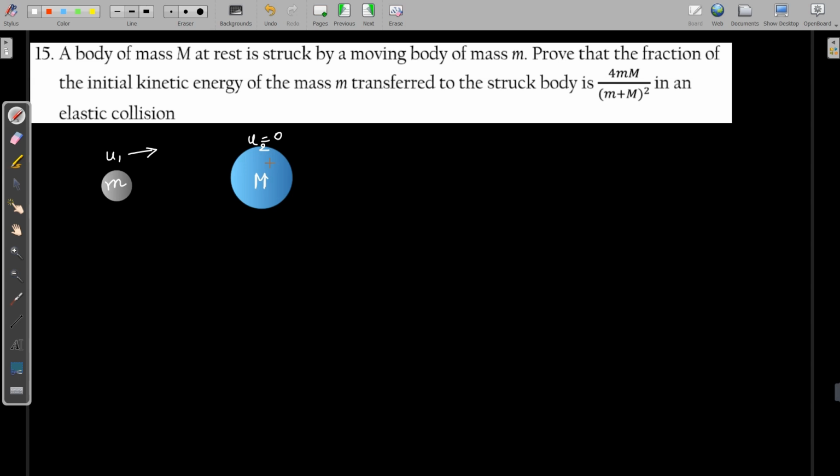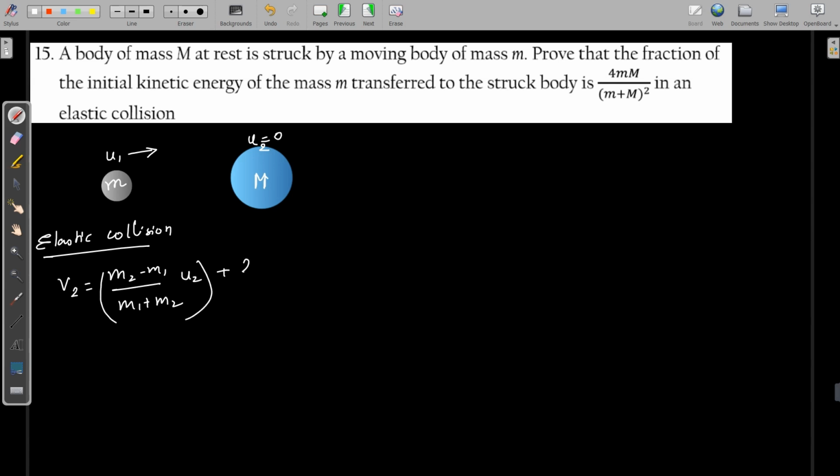Okay, we can prove this in an elastic collision. So in elastic collision, what can I find out? V2, remember the formula? (M2 minus M1) by (M1 plus M2) into U2, plus 2 M1 U1 by (M1 plus M2).